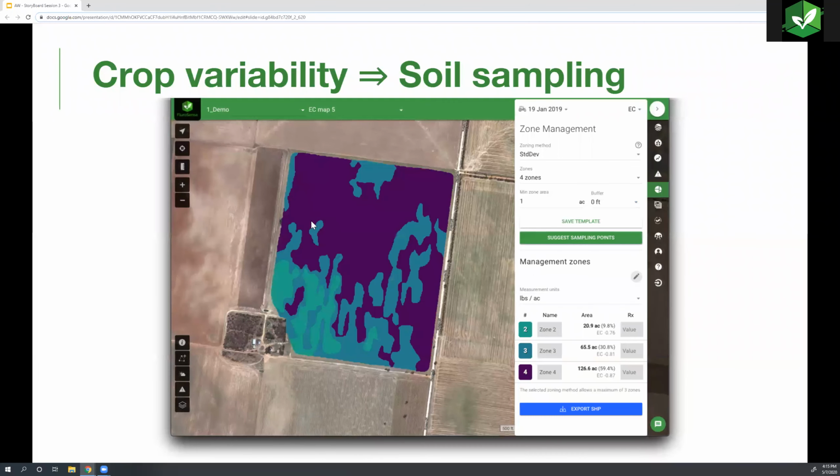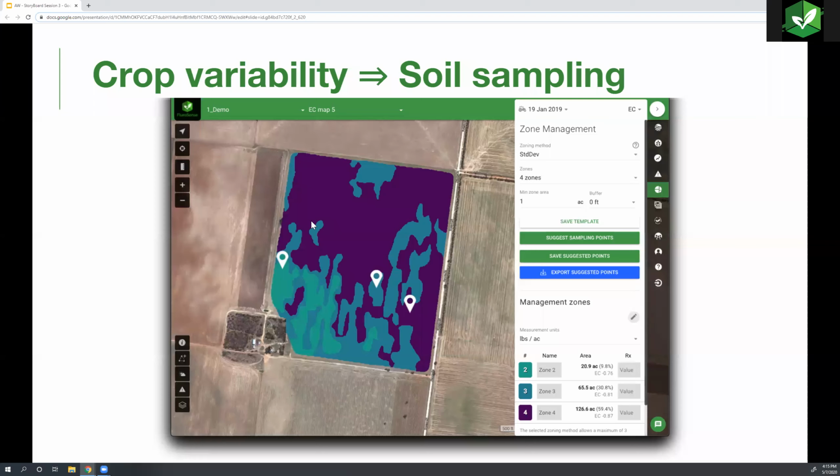Using the zone tab, I was able to identify 3 zones that have distinct EC measurements. And from there, we're able to infer locations where we can go and do soil sampling and understand the current nitrogen content and the soil type, because different soil types are going to react, leach and mineralize the nitrogen differently.